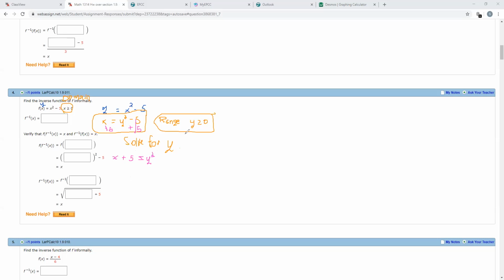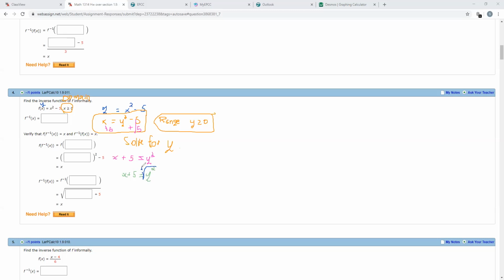Now to get rid of a power of 2, we need to do the inverse of power 2, which is root 2.